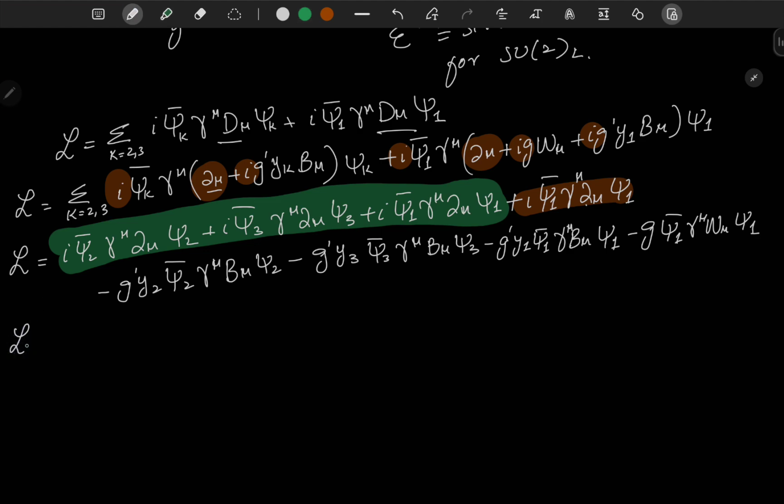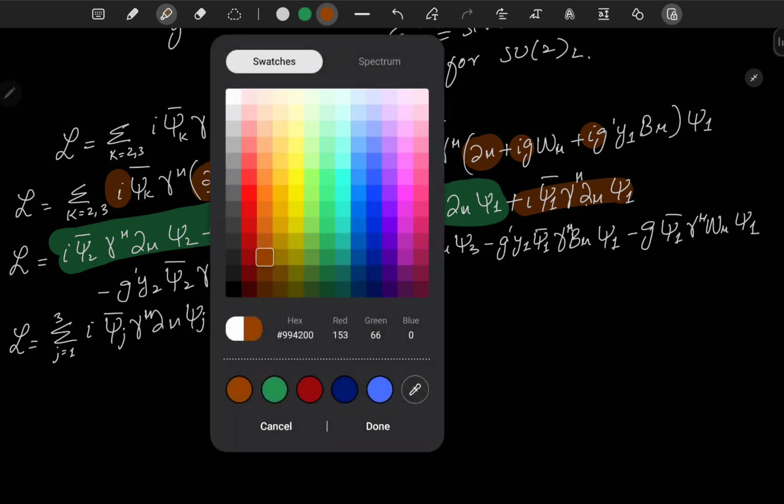I can compress them like this: sum over j equal to 1 to 3 of iota psi j bar gamma mu d mu psi j. And let's use a different index.